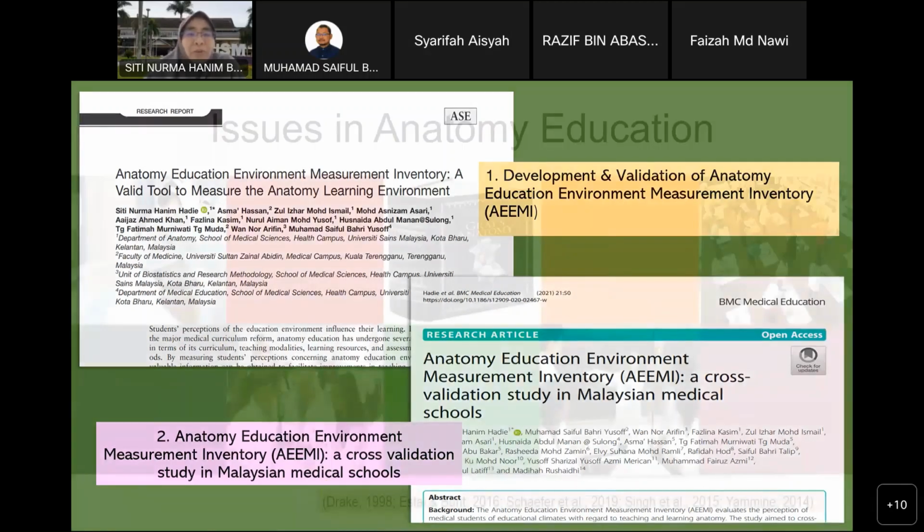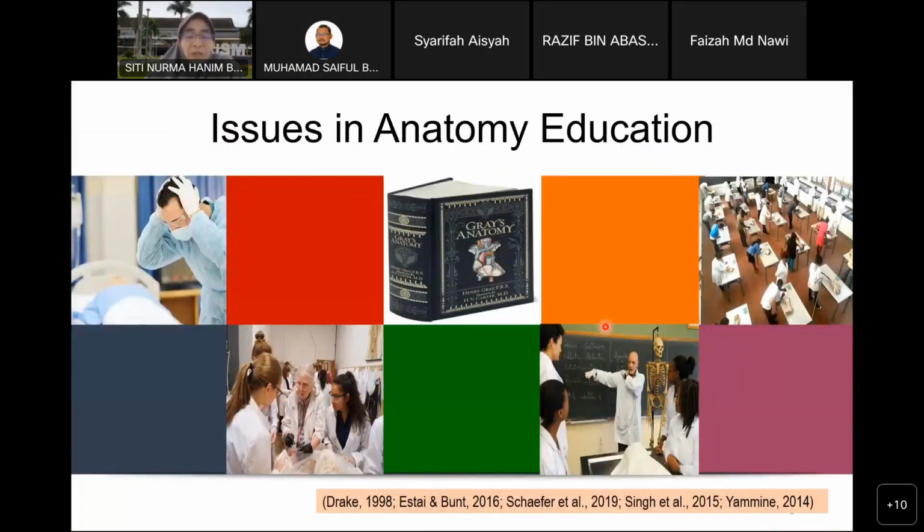I think it's important for me to highlight several issues in anatomy education. These issues are general issues, global issues that have been reported in many literatures, but some of these issues are very related to our context in Malaysia. Among them, the first one is declining anatomy knowledge, which has led to procedural and surgical error, and some even extended up to medical legal litigation.